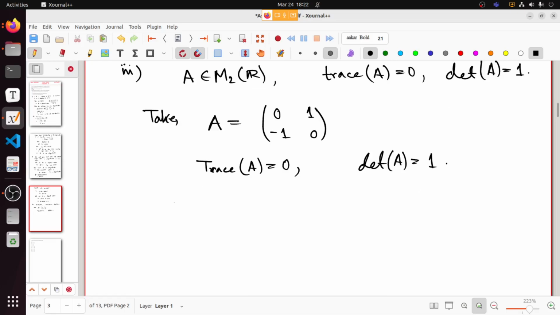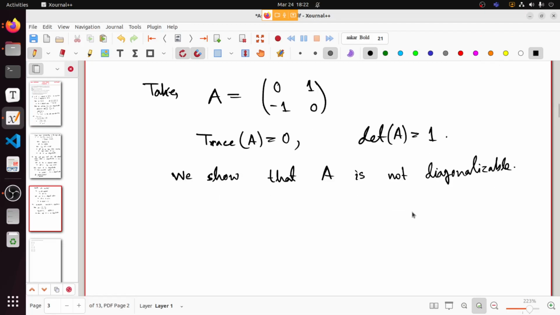As we will show, this is not diagonalizable. We saw that A is not diagonalizable. This we have done in the last class, that A does not have any real eigenvalues, so from there it will follow that A is not diagonalizable. Let's check again.